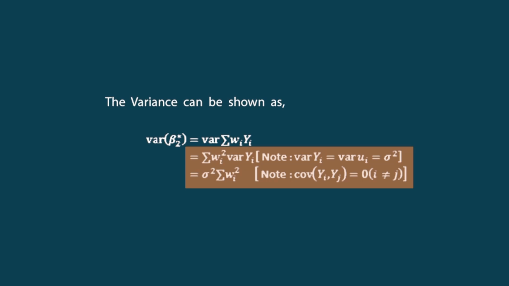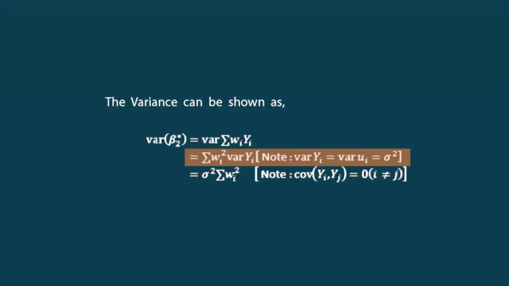And then we have the variance of yi, which is taken separately, because wi is after all a weight which takes the square form, and it lies just outside the variance of yi.